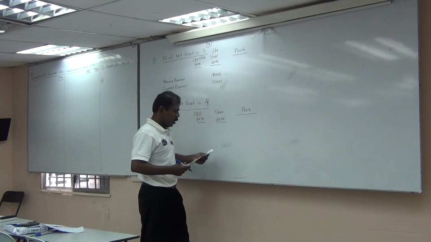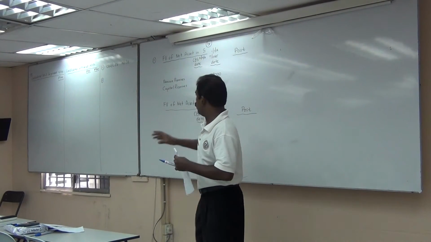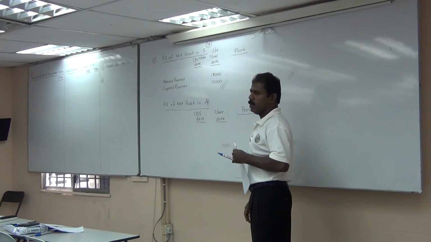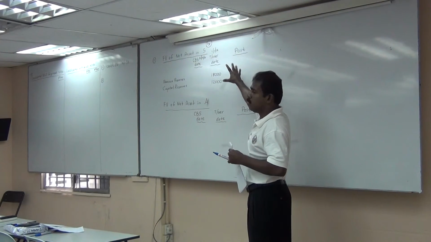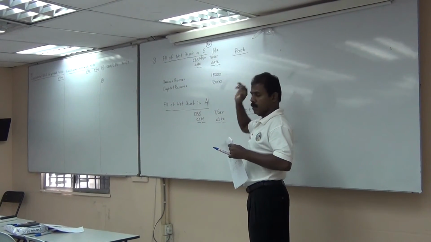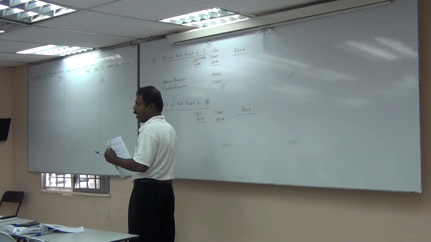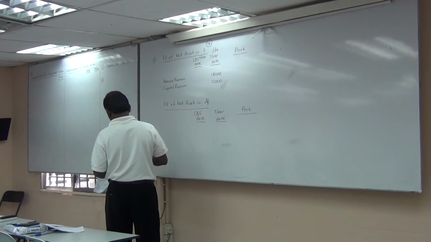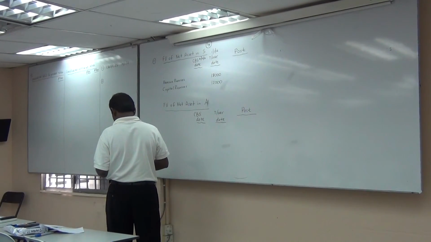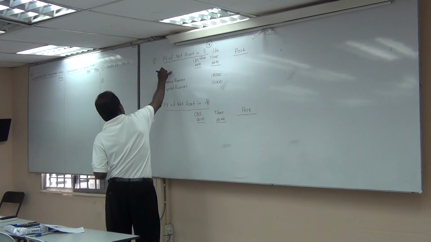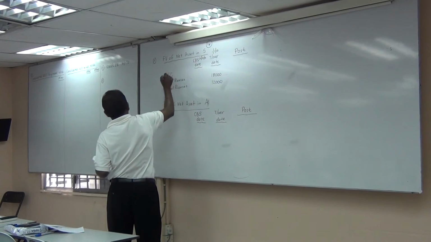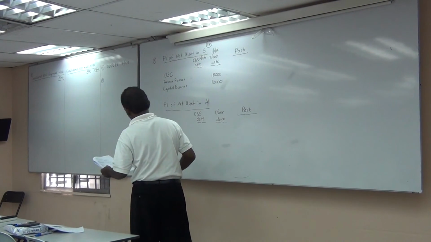So when you read the note, you must know where to insert the value in the table. Easy, straight away enter in the table. There have been no changes in the share capital. So how much is the share capital? See your balance sheet, subsidiary. They say no changes. How much?